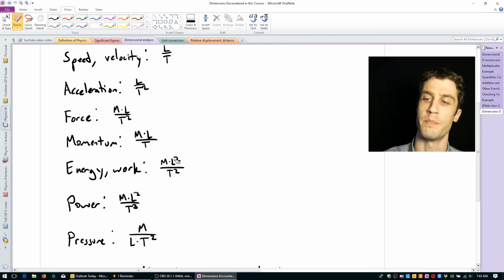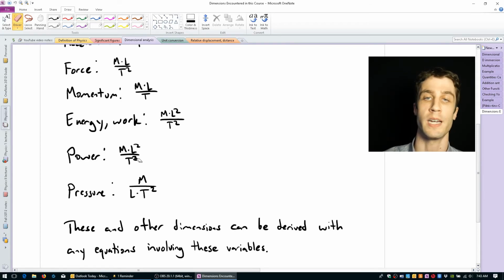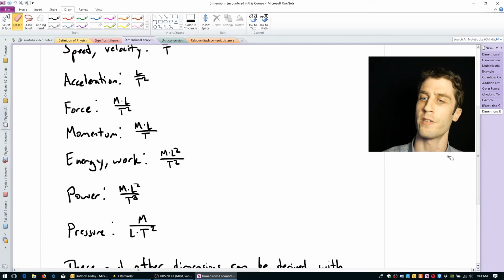Energy and work are both mass times length squared divided by time squared. Power is mass times a length squared divided by a time cubed. Pressure is a mass divided by a length times a time squared. And as I'm looking over this, I realize that I've omitted torque. So let me squeeze that in here.